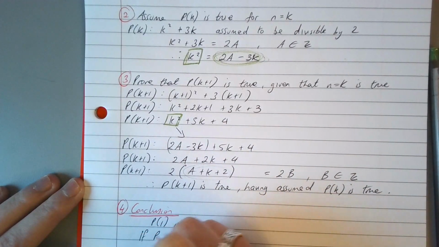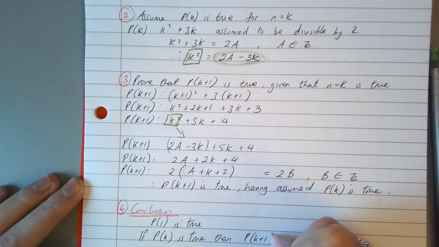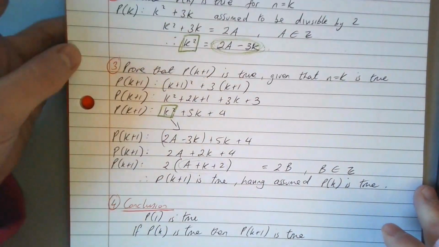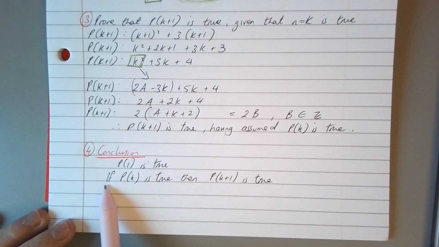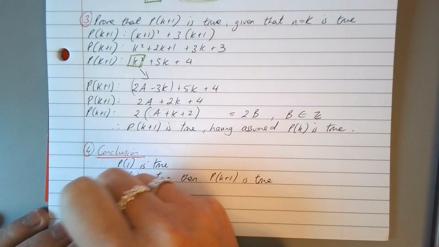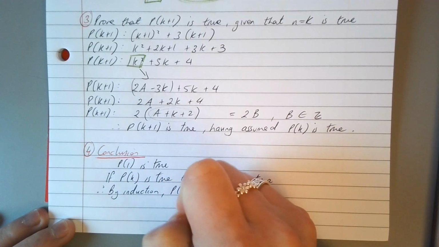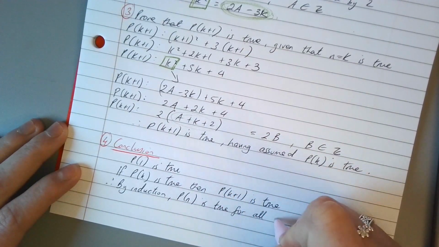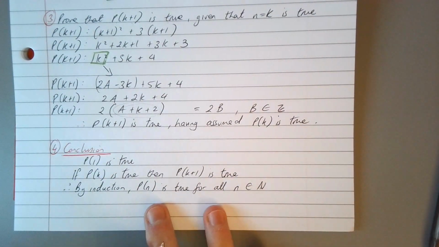And then if pk is true, then pk plus 1 is true. So in step 1 we've got proposition 1 is true, then we're taking if proposition k is true, then proposition k plus 1 is true, and therefore by induction proposition n is true for all n element of n. And that's our conclusion for our example 3.